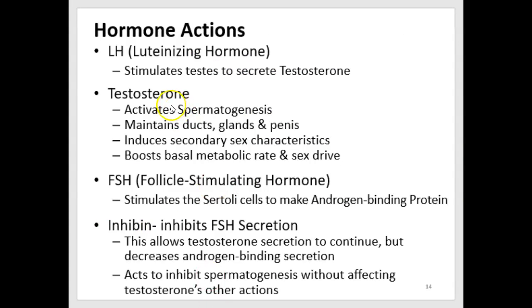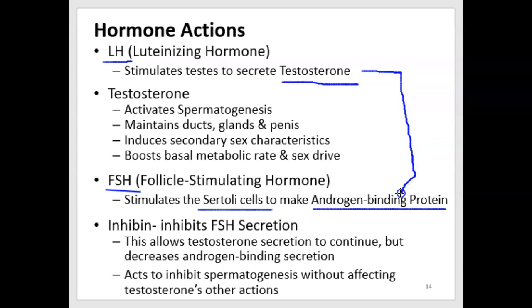So overall, we know that gonadotropin-releasing hormone causes the anterior pituitary to release LH and FSH. LH stimulates the testes to secrete testosterone. FSH causes the Sertoli cells to make androgen binding protein. That promotes spermatogenesis.